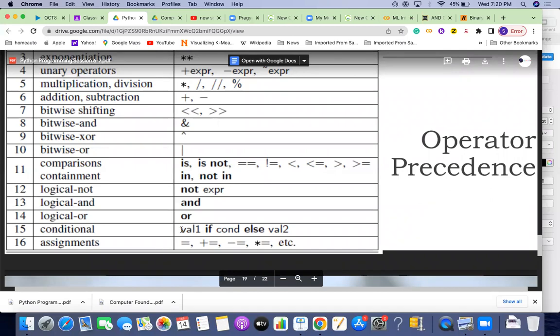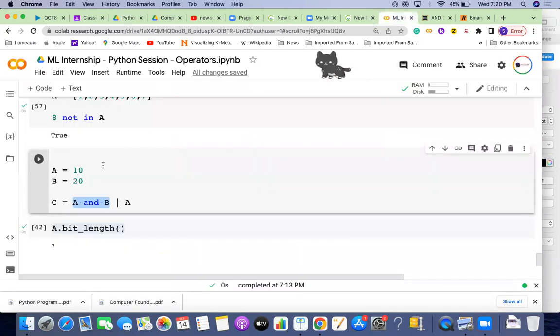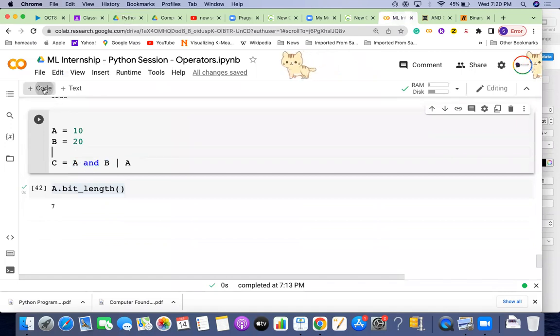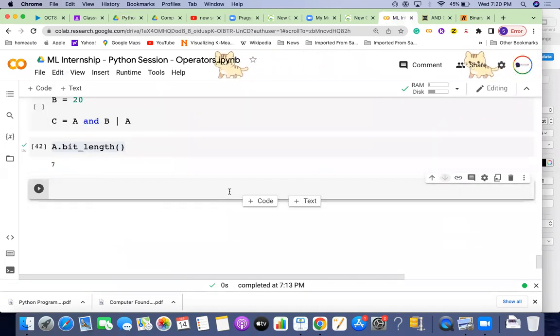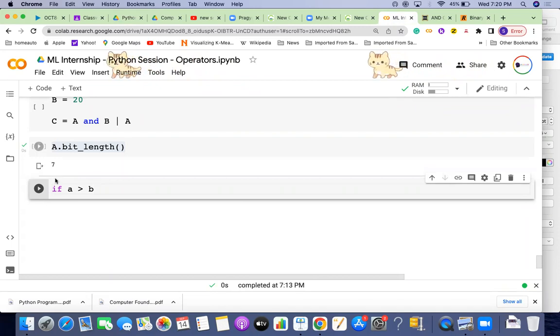Why is conditional last but one? Because if conditional were first... For example, if I am trying to do if A greater than B, this if is a conditional. The condition has to be evaluated first, and only then does the if act.